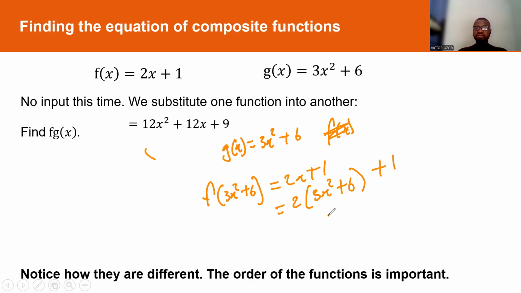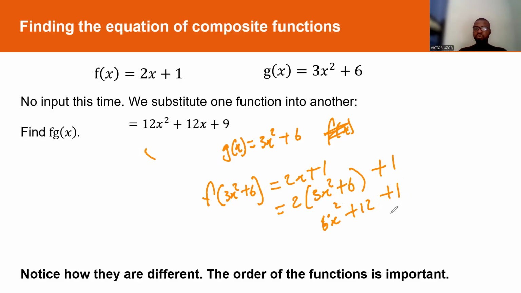So I'm putting g of x inside f of x. So we now have 2 times 3 is going to give you 6x squared plus 12, plus 1.